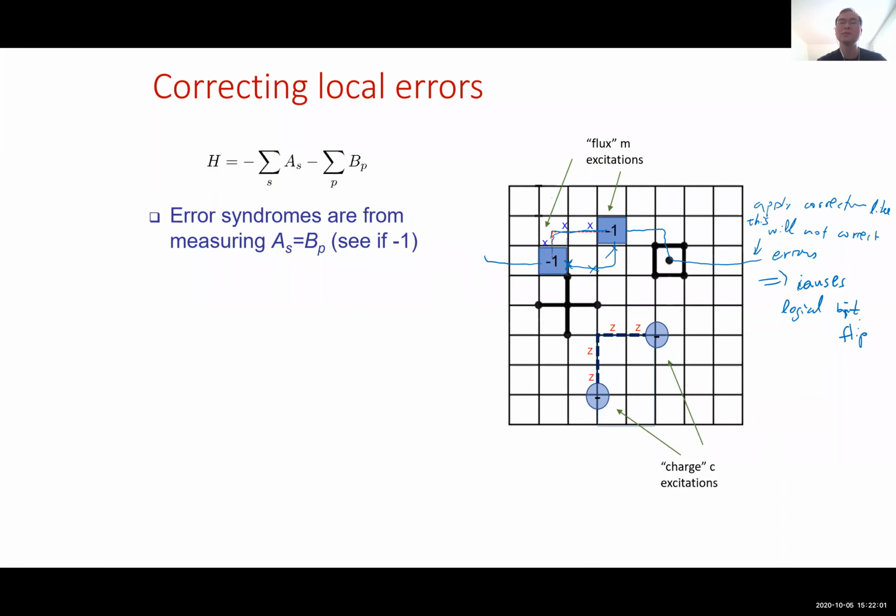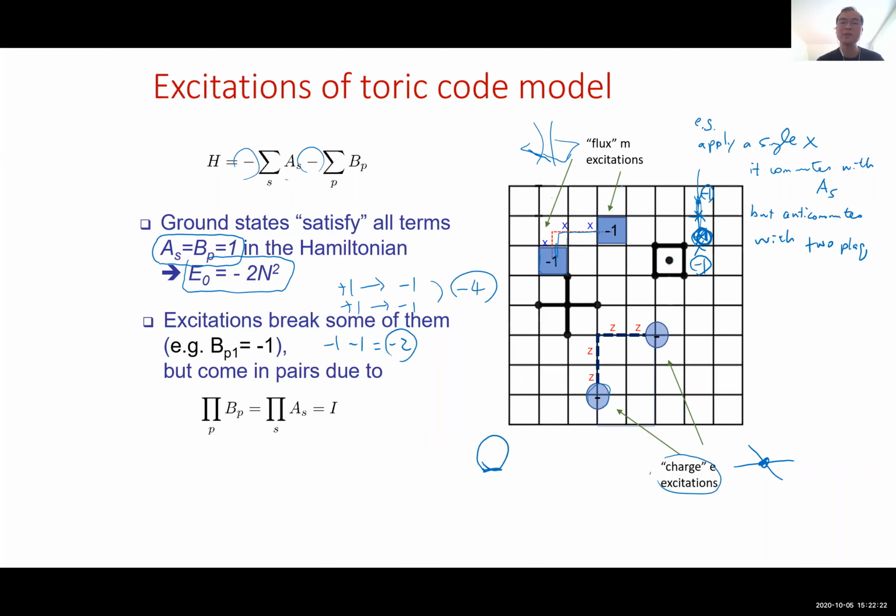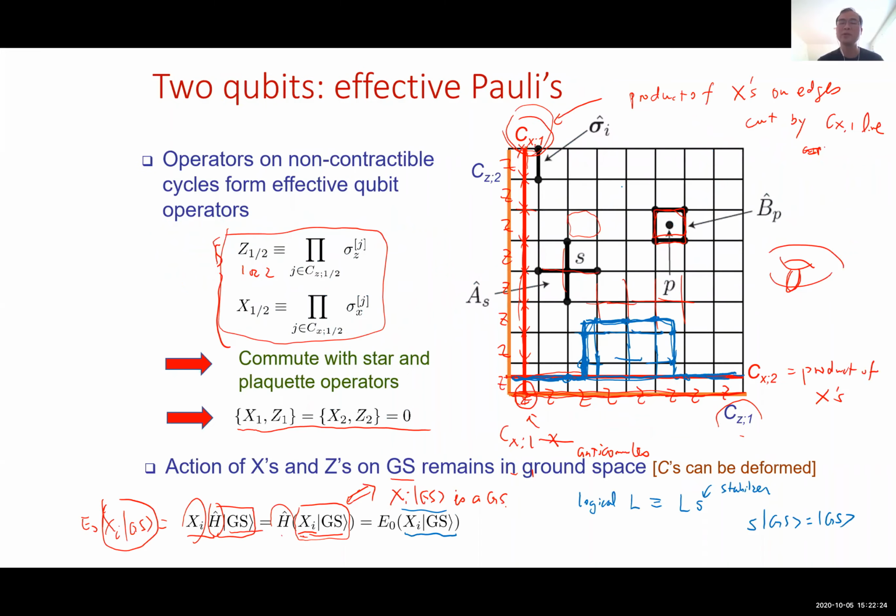So we also see here, in order to make the error uncorrectable, you need to span the whole size of the system, the linear size of the system. Indeed, that's what the logical operators are doing, right? We have seen the logical operators, they are curves that wrap around.